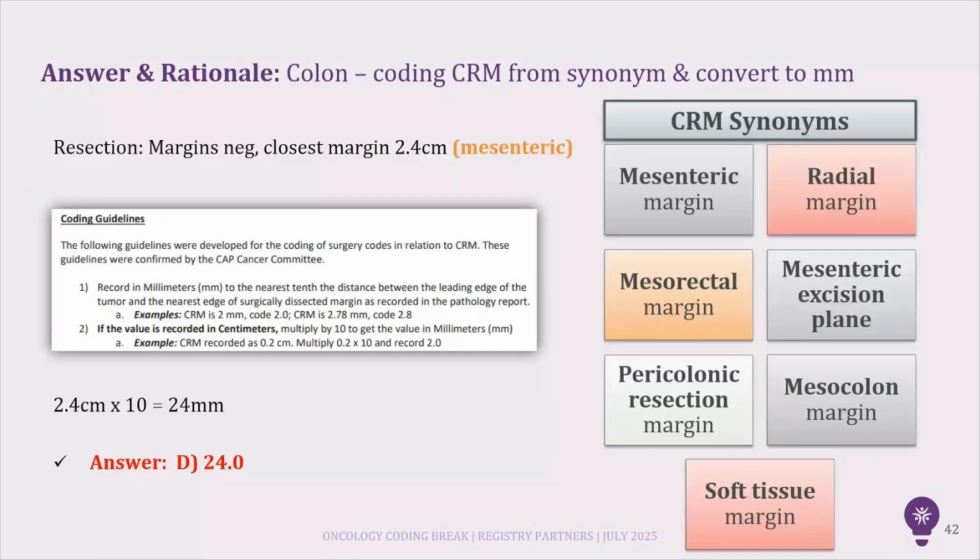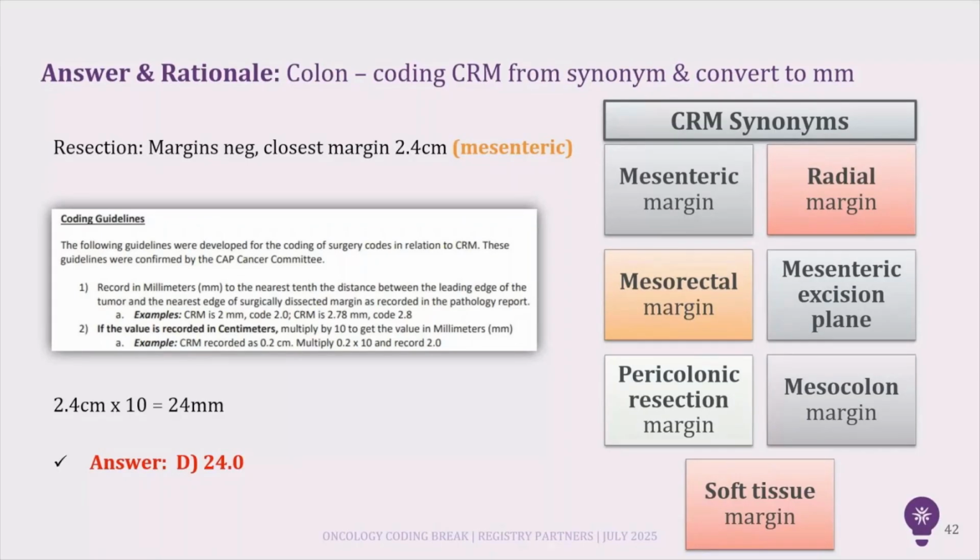So mesenteric is one of the synonyms. So we can use the 2.4 centimeters for the mesenteric. And I apologize, this one's recorded in millimeters. So we need to take the 2.4 centimeters, convert it to millimeters by multiplying it by 10. That gives us 24 millimeters. So your answer will be 24.0.